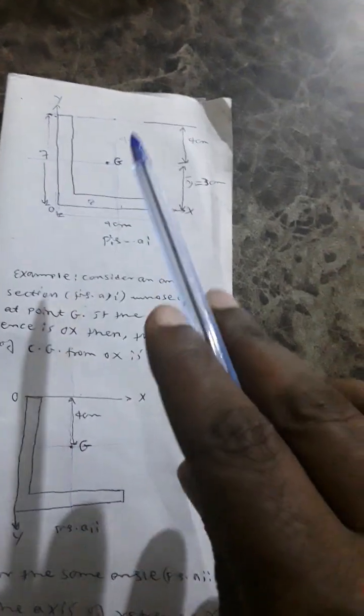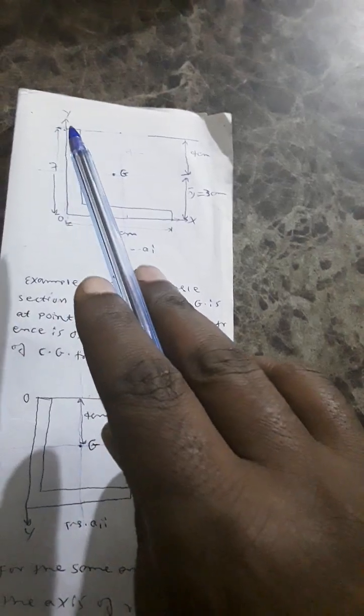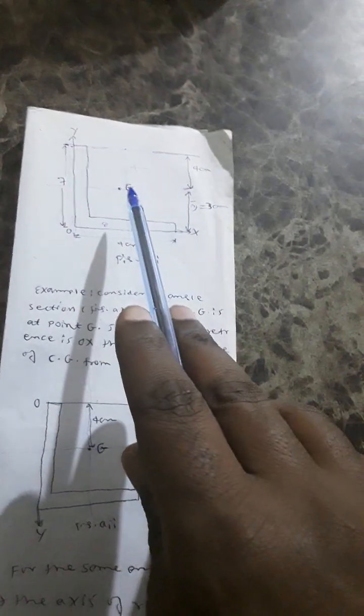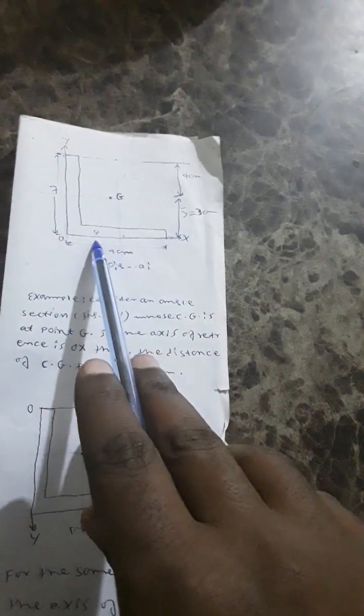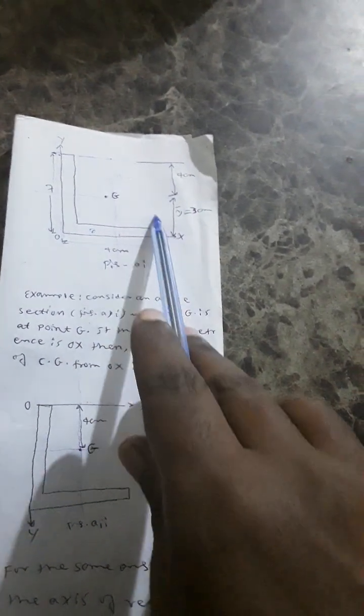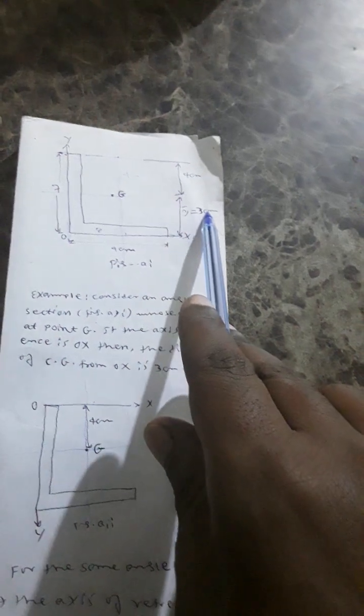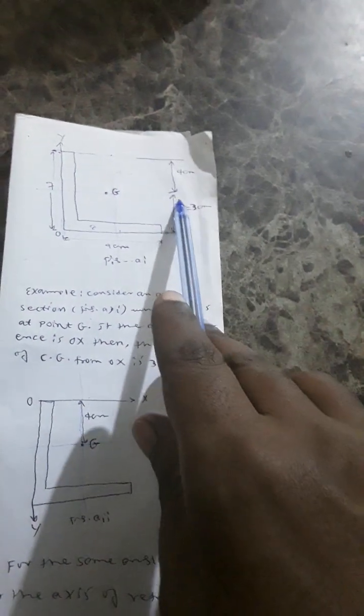Take this: if we take this OX axis of reference from the top, this point is found at 4 centimeter from this axis. When we take OX from the bottom, y bar is 3 centimeter. This is 4 centimeter, this is 3 centimeter.